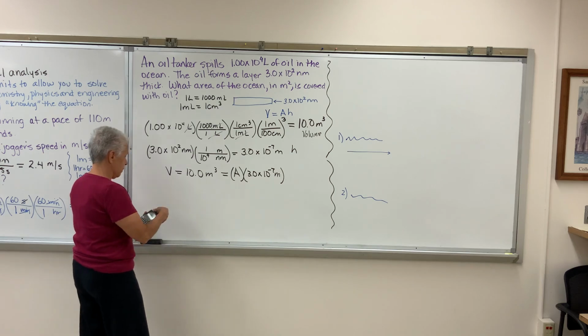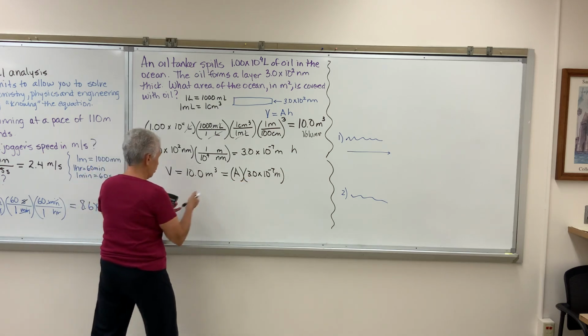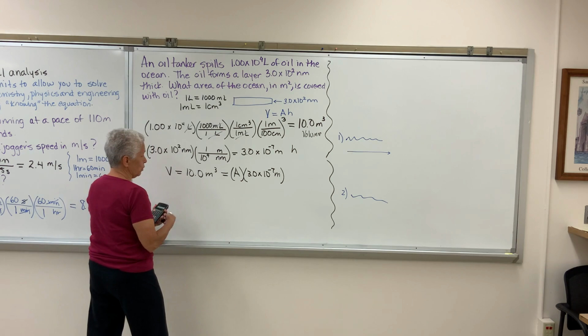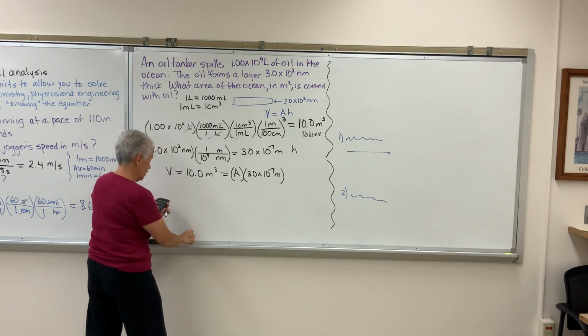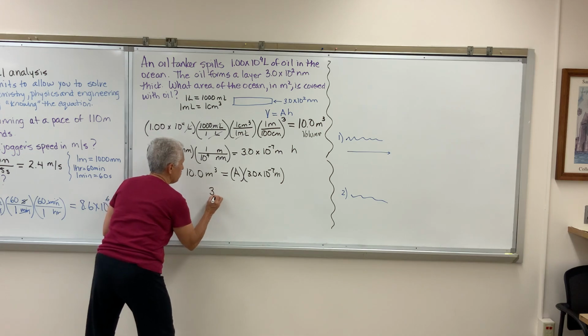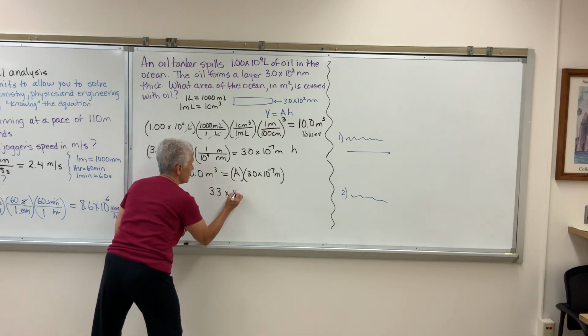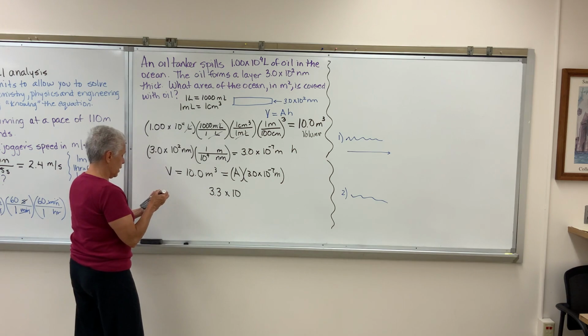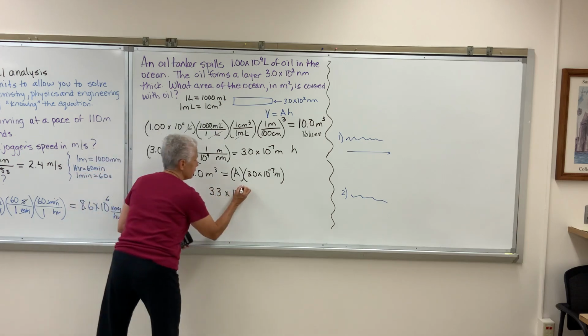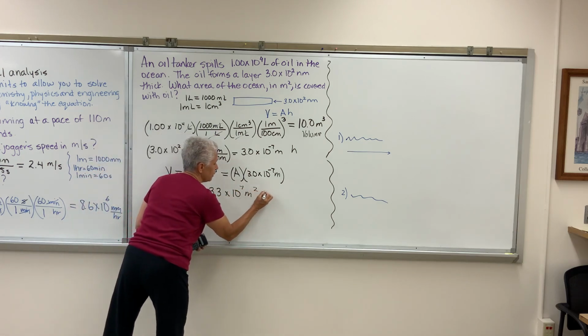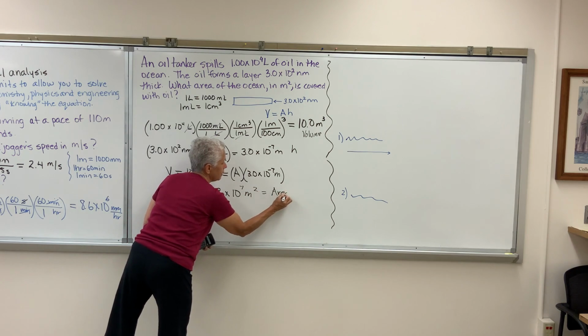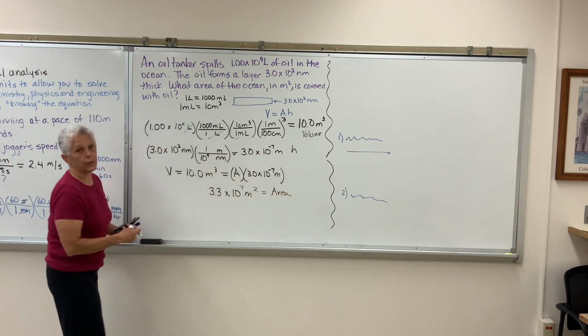I have 3 sig figs and 2 sig figs, so my answer only gets 2 sig figs. So it's 3.3 times 10 to the 7 meters squared, which is the area covered by the oil.